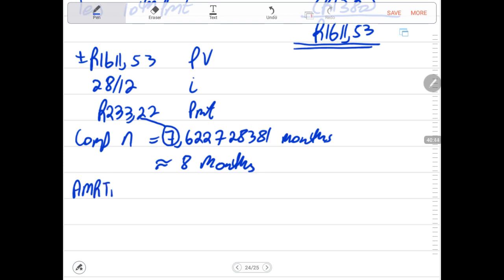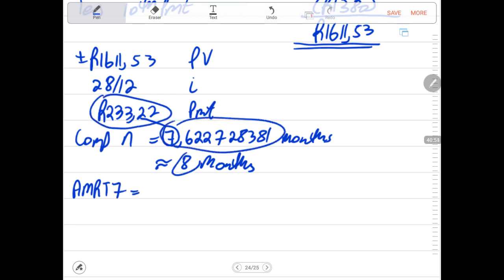Remember, our calculator knows that we are paying this amount for the next 8 payments. So now we say amount 7, and we get the balance after the 7th full payment of 233.22 was made. Then we add interest, and we get the amount of the last payment.